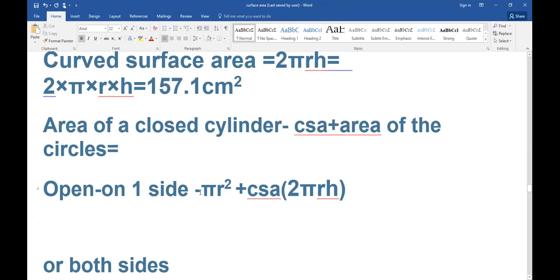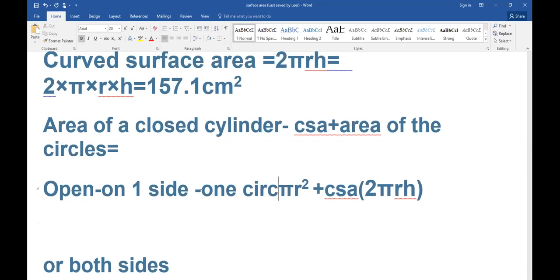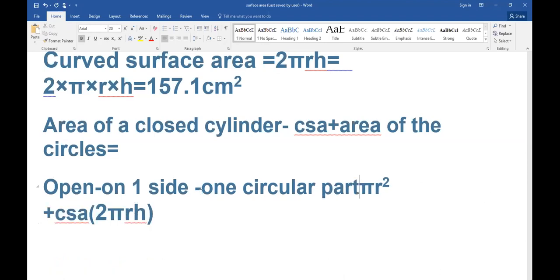So you have the area of one circle, or you can call it the circular part, which is found by pi r squared.